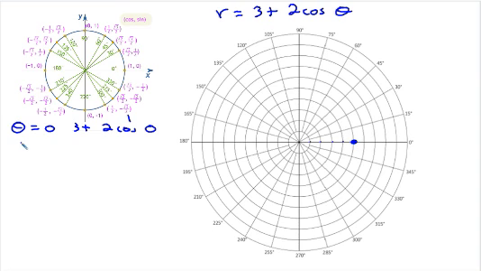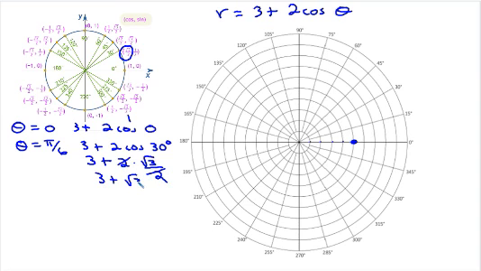Now, let's let theta be pi sixth. Pi sixth is 30 degrees, right? So now I have 3 plus 2 times the cosine of 30 degrees. And the cosine of 30 degrees, we just reviewed that, is radical 3 over 2. So if I have 3 plus 2 times the square root of 3 over 2, the 2's cancel, and I have 3 plus the square root of 3, which is a decimal.